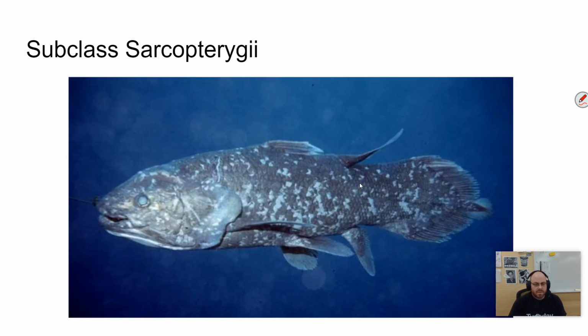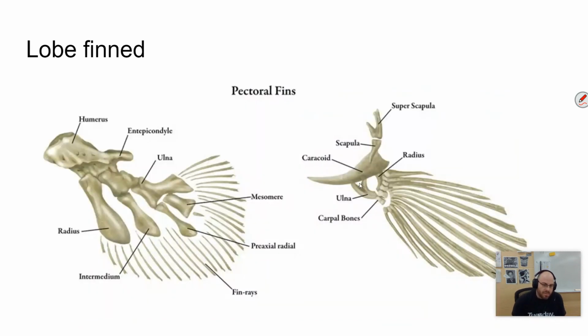And the next subclass is called Sarcopterygii. Sarco means flesh. Pterygii means fins. So these are flesh fins, basically, or lobe-finned fishes. So what does that look like? Well, here it is. Here is a ray-fin fish, and the lobe-fin fish, notice, has actual bones in its arm.